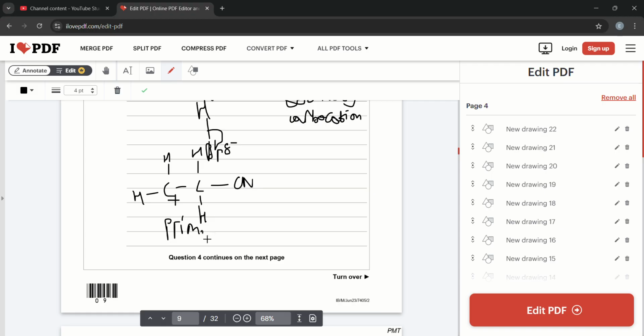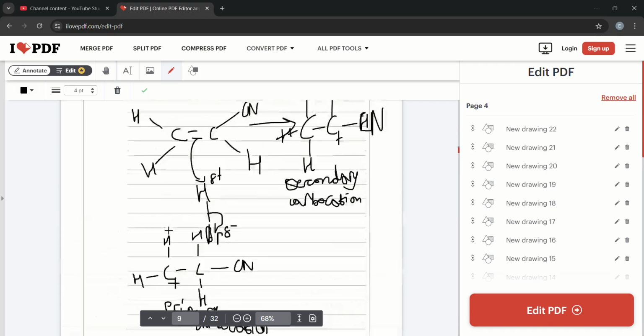A carbocation is an organic ion containing a positively charged carbon atom, and this is the intermediate structure.